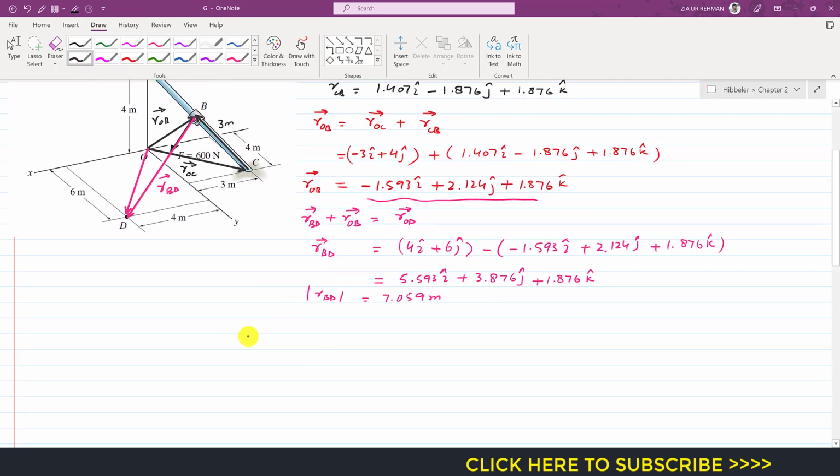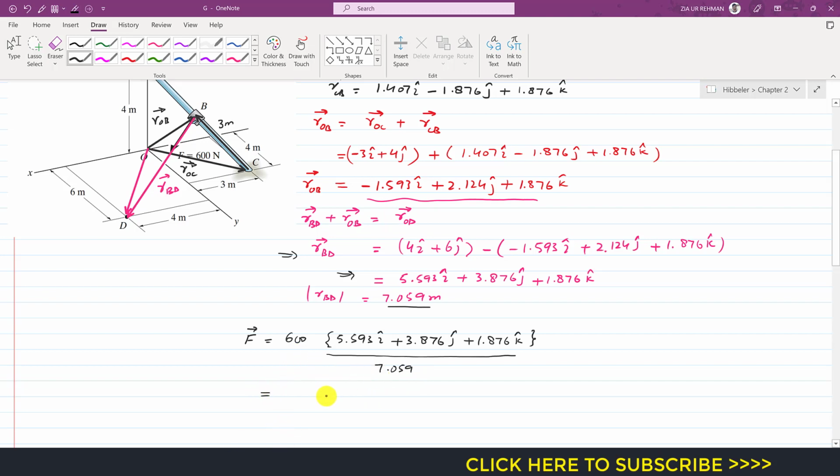So if I put all these in equation 1, we can write that the Cartesian vector representation of force F is equal to 600 magnitude times the position vector from B to D. So this is the position vector: 5.593 I plus 3.876 J plus 1.876 K divided by its magnitude, and the magnitude is 7.059.